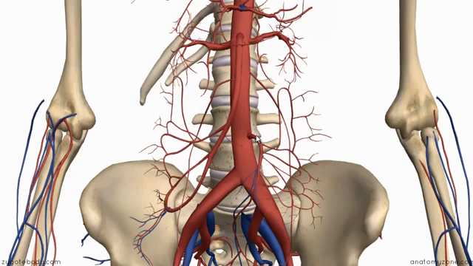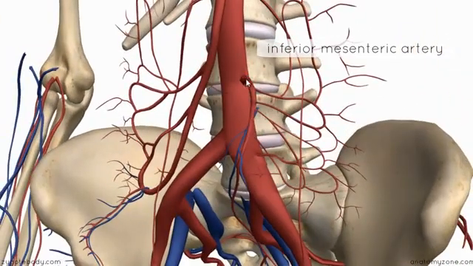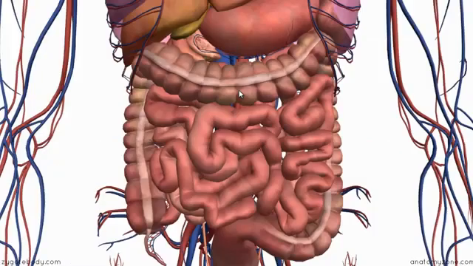So then we've got the inferior mesenteric artery, which supplies the hindgut structures. So you can see it here, and you can see this is lumbar vertebra L3, so it lies at the inferior border of lumbar vertebra L3, and it supplies the hindgut structures. So just switch back to this view.